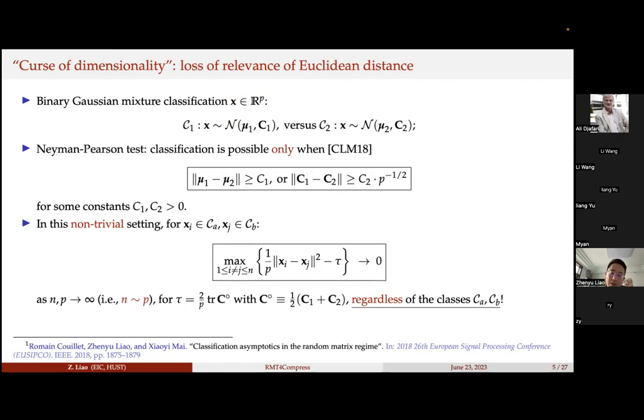So the region where we take the equal sign in this boxed equation is the hard but doable setting for this Gaussian mixture classification.